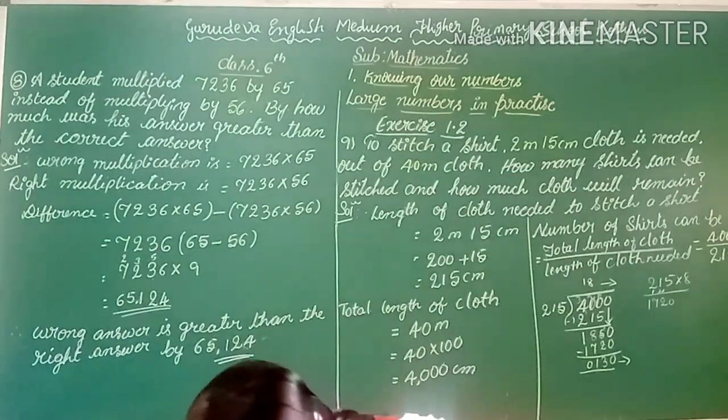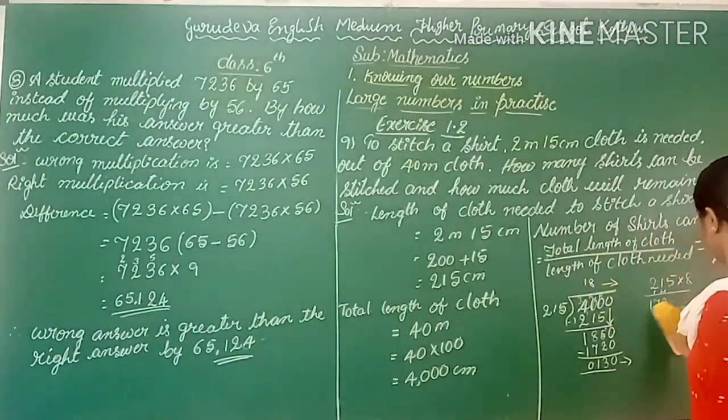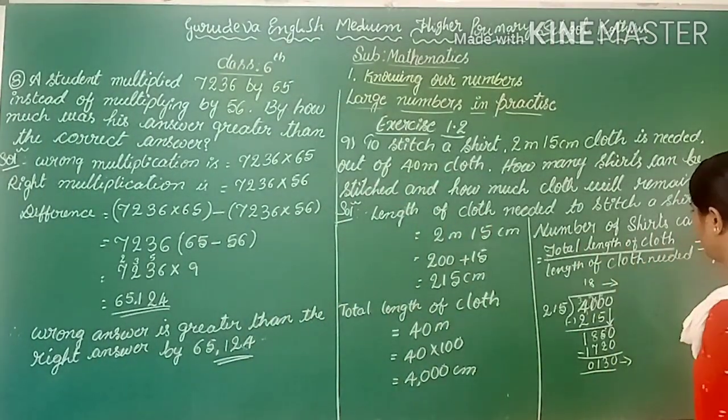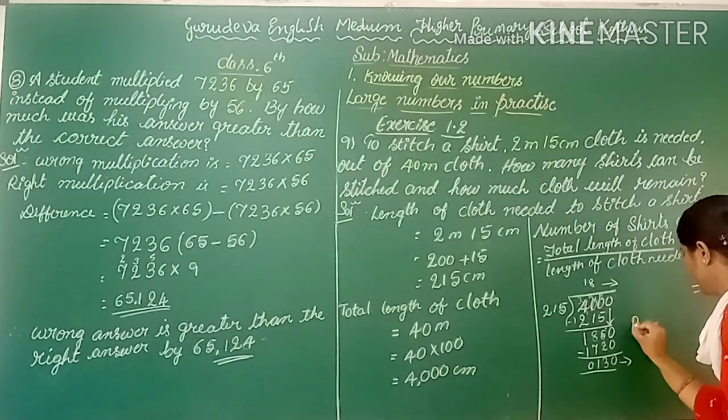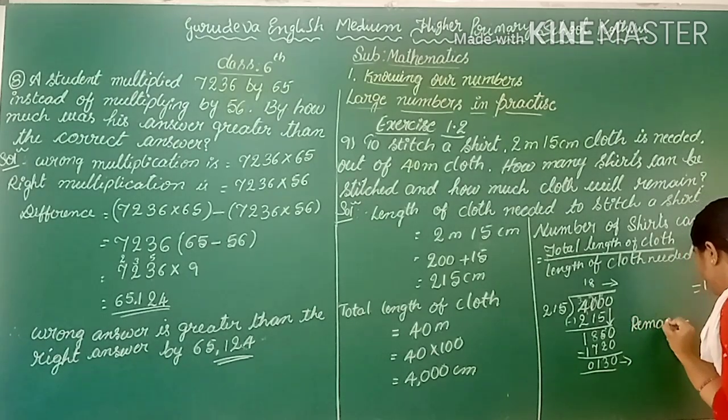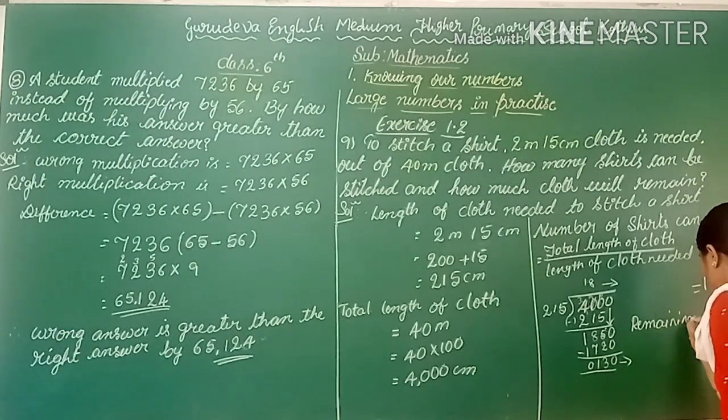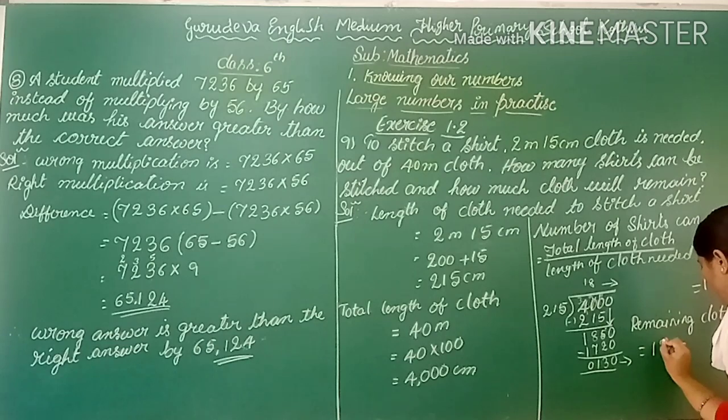Yes, right. Number of shirts can be stitched is equals to 18. Then the remaining cloth is equals to 130 centimeter.